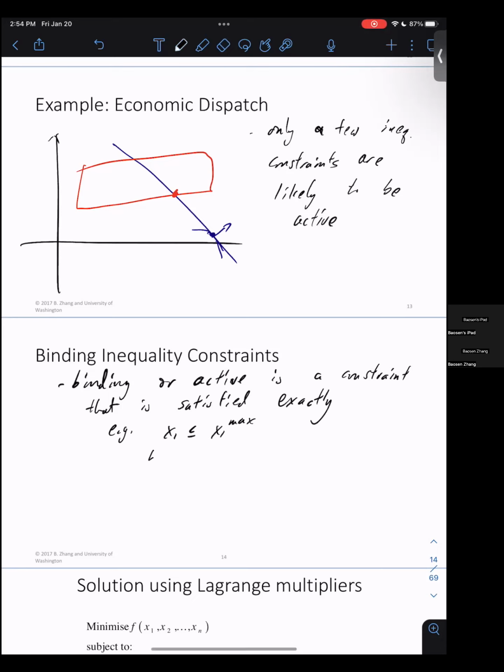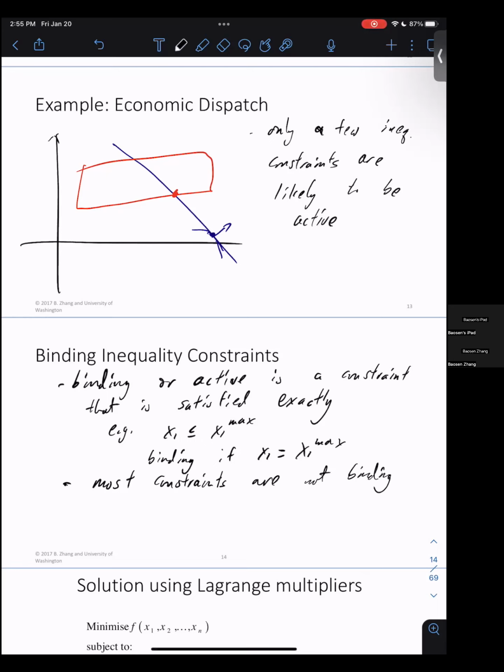Then this is binding, or active, if x1 is exactly equal to x1 max. If this happens, it's called a binding constraint. If this doesn't happen, we can ignore the constraint. It's as if the constraint doesn't exist for us. Okay, that's the idea. So most inequality constraints are not binding.